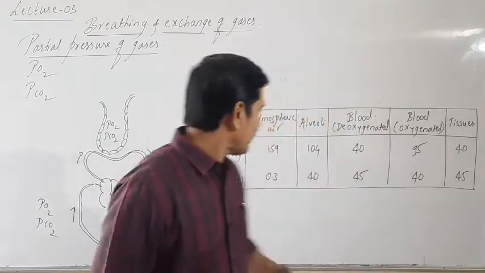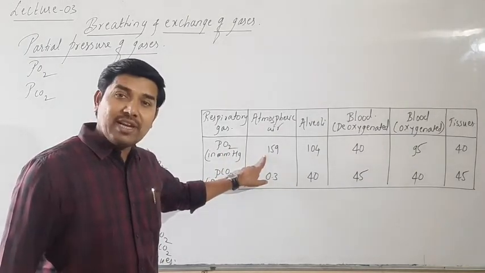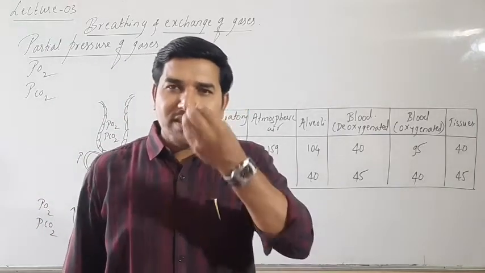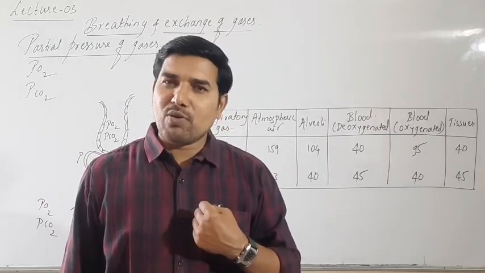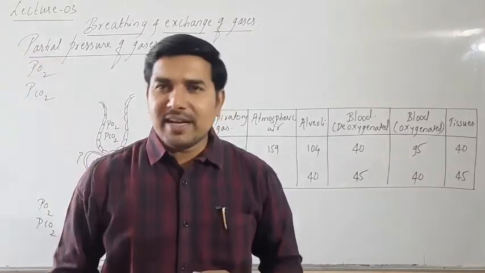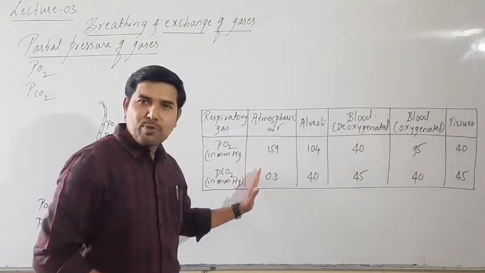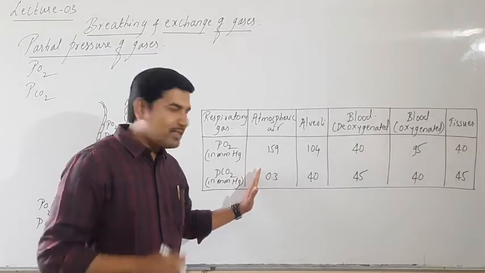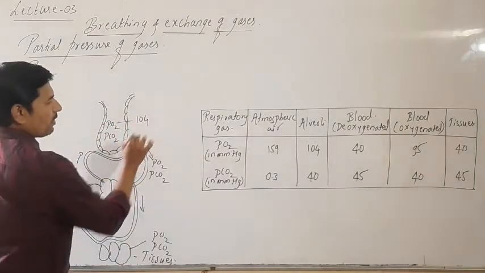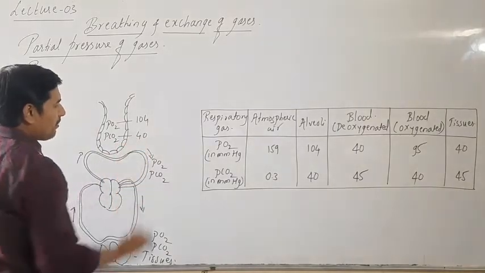Now, PO2, the partial pressure of oxygen in the atmospheric air, is 159 mm of Hg, and that of CO2 is 0.3. When the oxygen that we take in and the carbon dioxide along with it enter our lungs, the PO2 level will be around 104 mm of Hg and PCO2 around 40 mm of Hg.